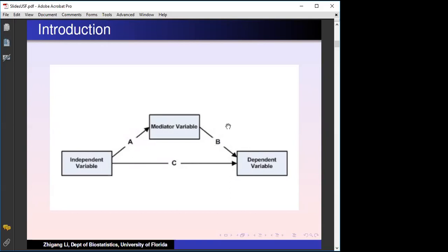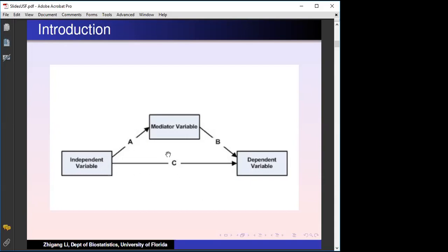And for those measured confounders on this causal pathway, they cannot be a consequence of the independent variable. In other words, there should be no causal effect from this independent variable on the measured confounder of this causal path. If that assumption is violated, that means there is a causal effect from the independent variable on this confounder, then this confounder becomes a second mediator in this model, right?